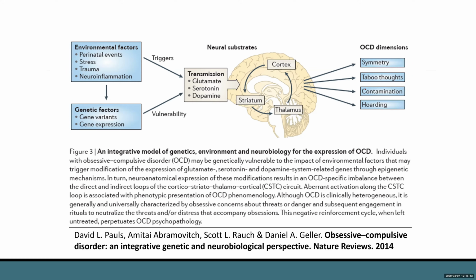But whether or not that vulnerability ultimately manifests as OCD depends on whether there are environmental stressors that bring out the disorder, if that makes sense. So it's a combination of vulnerability in your genetics and the environment that ultimately come together and alter the chemistry and functioning in our brain that then leads to these very complex OCD behaviors.